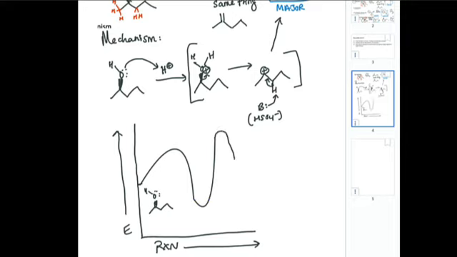Okay, so a high energy transition state, it'll come back down to a carbocation intermediate, and then we have approach of the conjugate base, which ultimately leads to our alkene product. And so our first intermediate is this intermediate, and our second intermediate is the carbocation intermediate. We have transition state 1, transition state 2, and transition state 3.